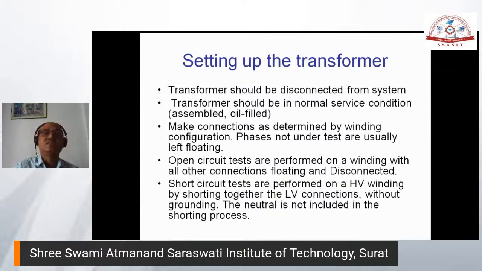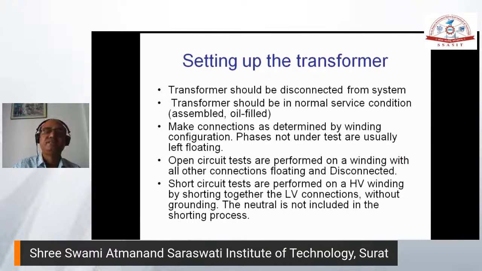The transformer is normally disconnected when it is offline. The transformer should be in normal service condition, assembled and oil filled, disconnected, but with all components like bushings in place. Make connections as determined by the winding configuration.